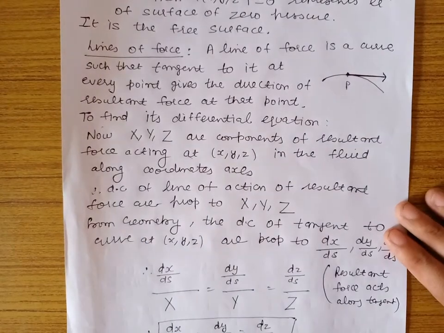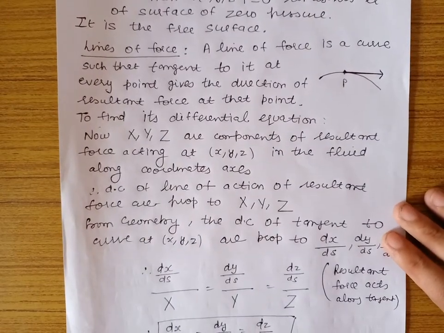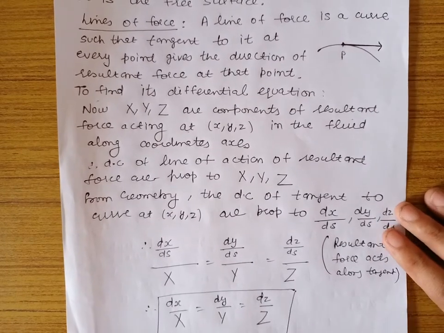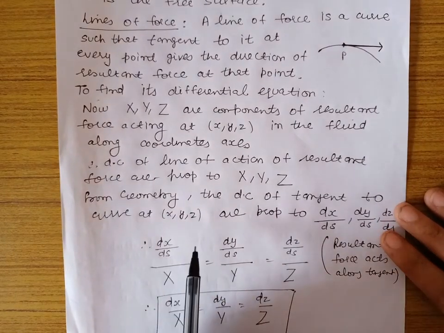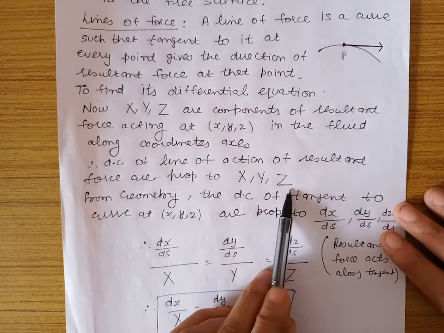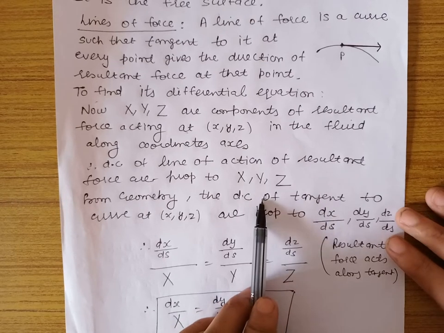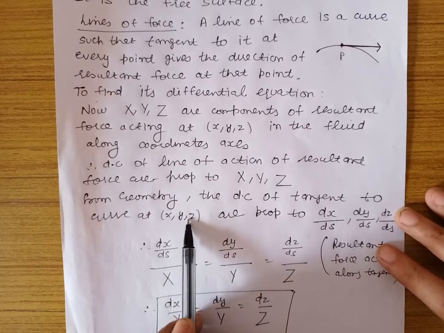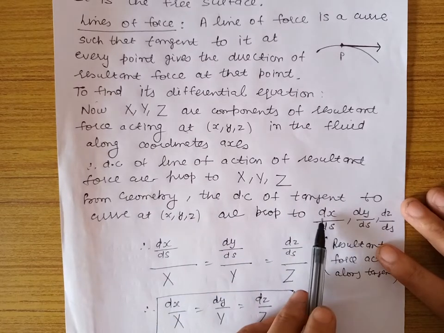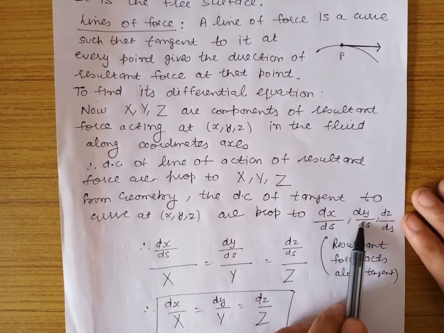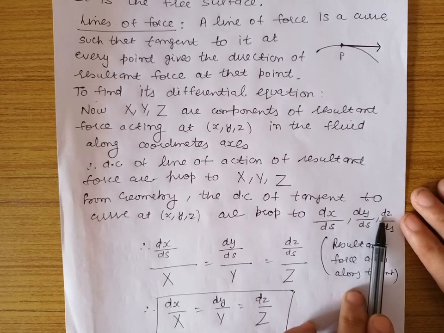Therefore, direction cosines of the line of action of the resultant force will be proportional to X, Y and Z. Also from the geometry, direction cosines of the tangent at the point x, y, z are proportional to dx/ds, dy/ds and dz/ds.